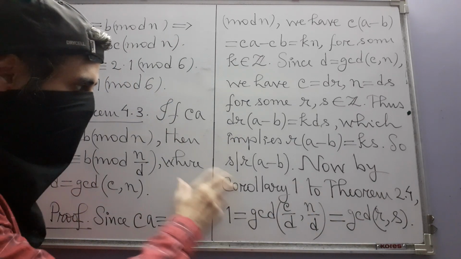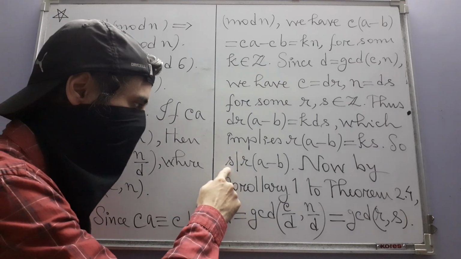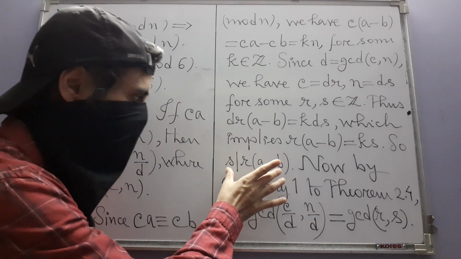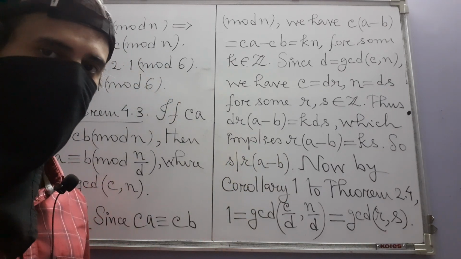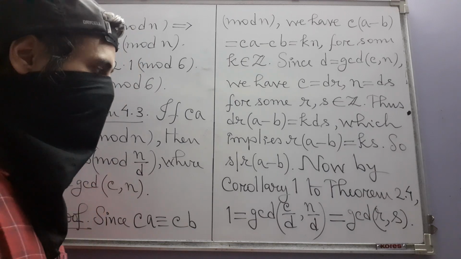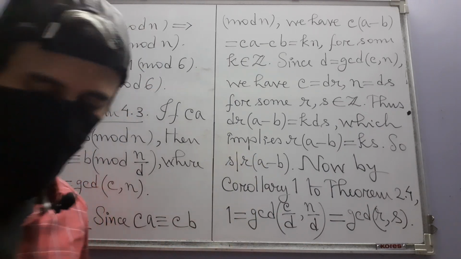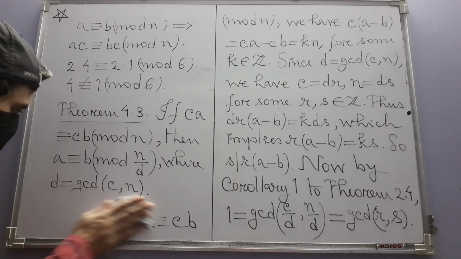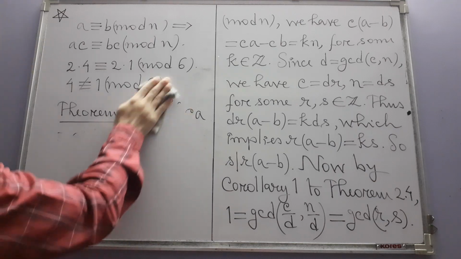So you can use Euclid's lemma and claim that because of this, S has to actually divide A minus B. In this divisibility, S actually has nothing to do with R because it is relatively prime to R. There is no common prime between S and R. No common prime factor. So R does not take part in this divisibility.